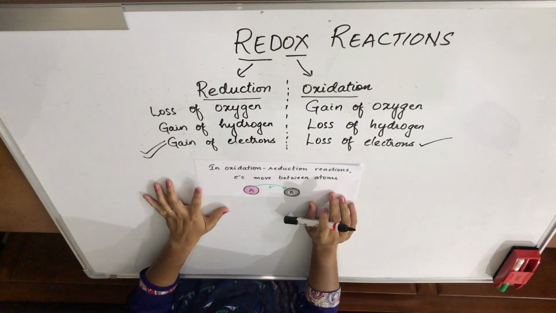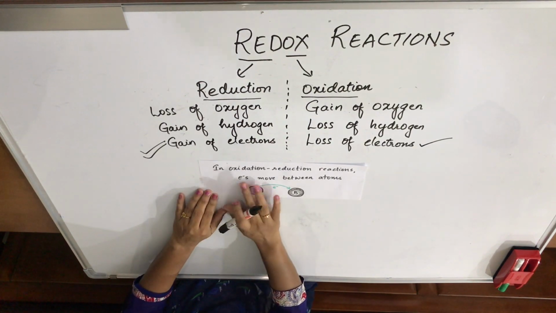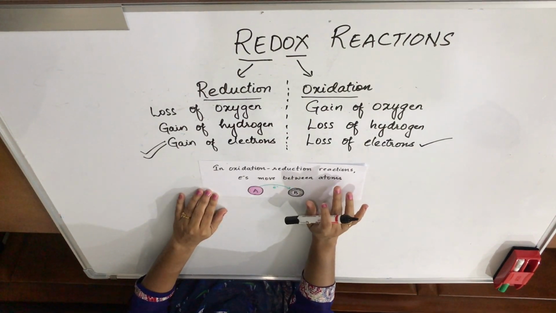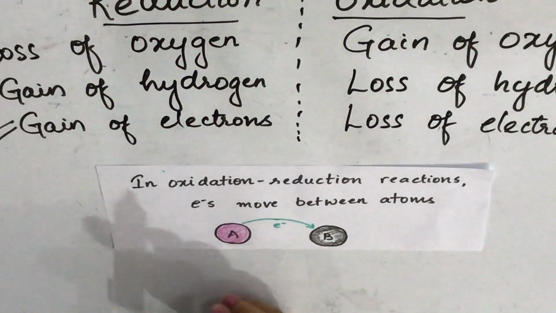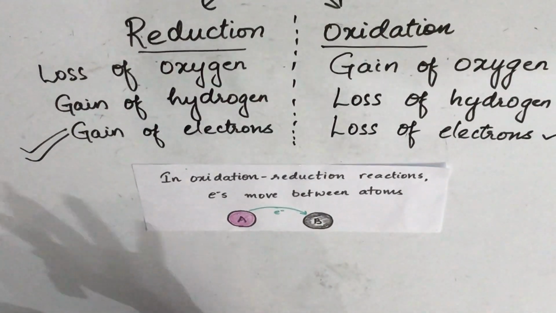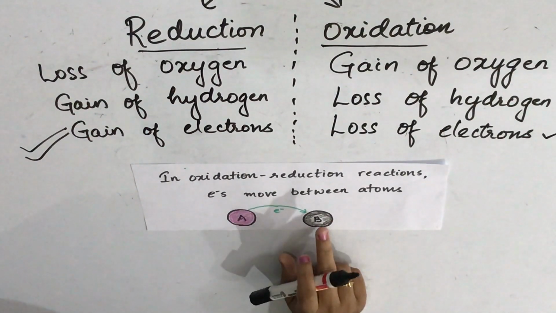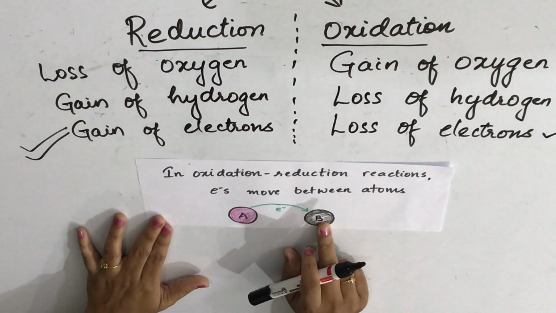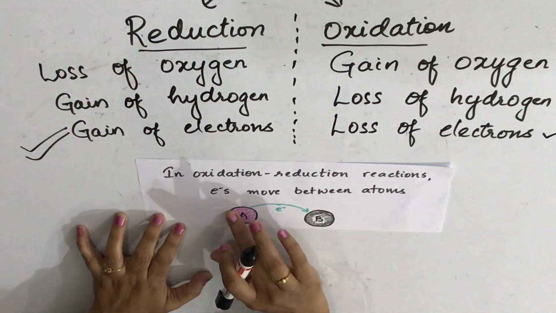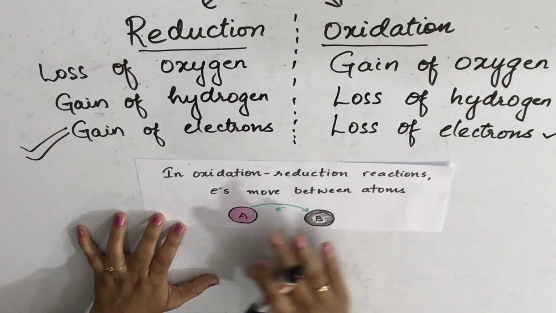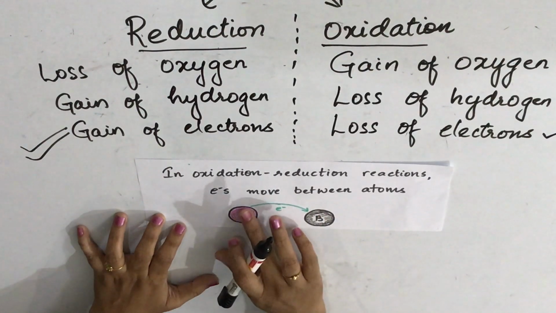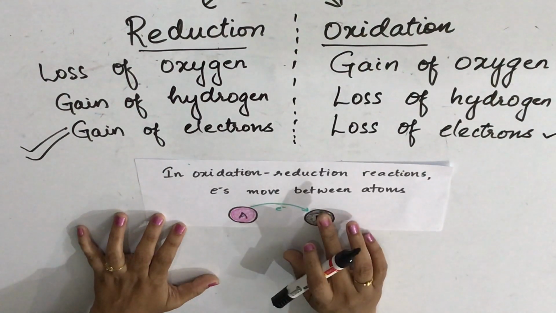In oxidation reduction reactions, electrons move between the atoms. Now how does it happen? Let us suppose we have two elements, element A and element B. Now in a reaction, obviously the electrons will transfer from one element to the other. When this happens, there is an electron transfer.